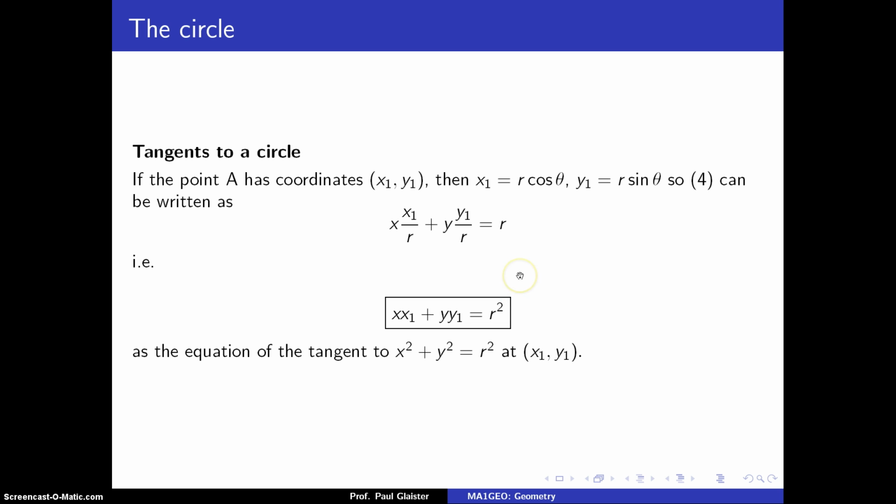So if we substitute into that parametric form for the tangent the fact that cos theta is x1 over r and sin theta is y1 over r, we get this, and by multiplying through we get this as the Cartesian equation of the tangent to the circle x squared plus y squared is r squared, radius r, centre the origin, at the point x1, y1. You can also generate this from the Cartesian form for the derivative dy by dx if you want.